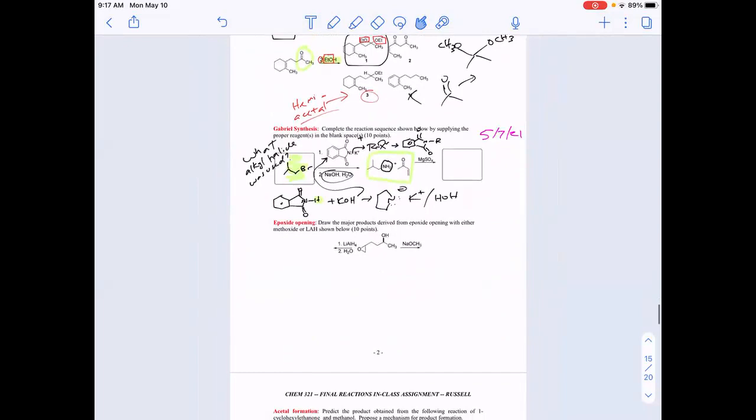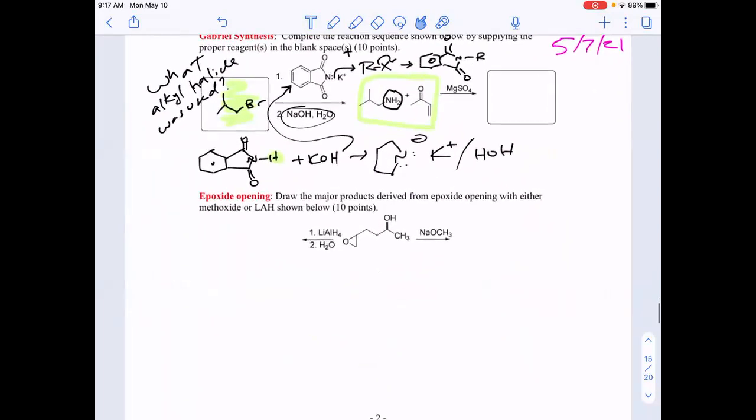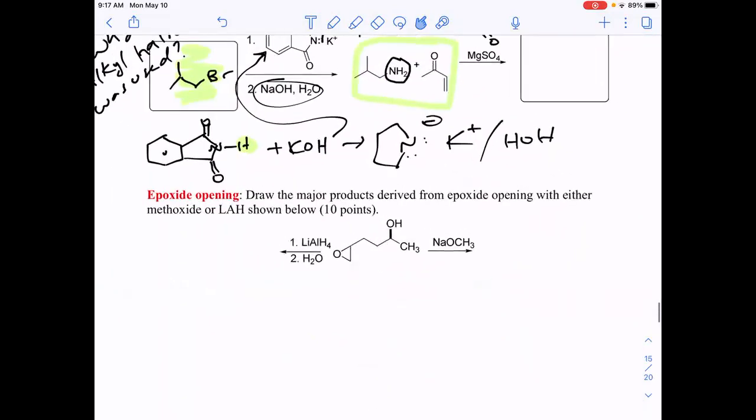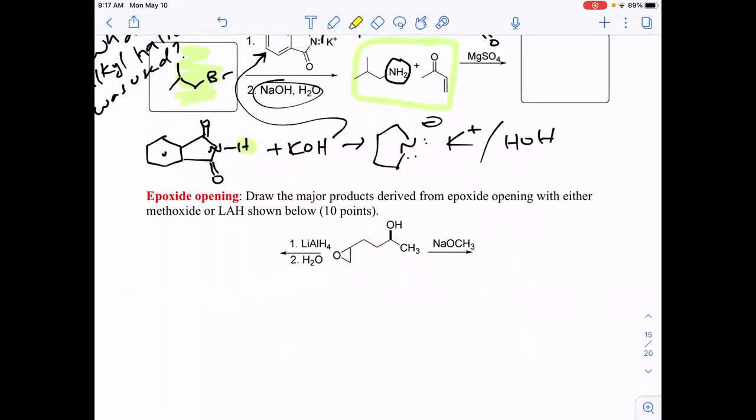All right, so here's the same example or a similar example. Both of these are epoxide openings. Just for continuity, I'm going to add this in, so we can just use water to quench it. Over on this side, your nucleophile is a hydride.